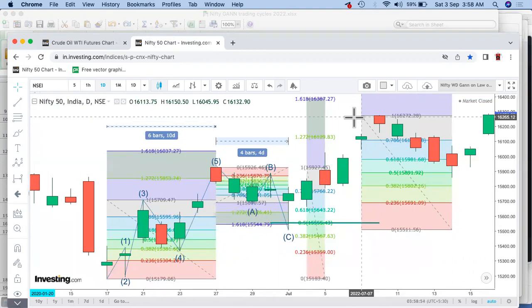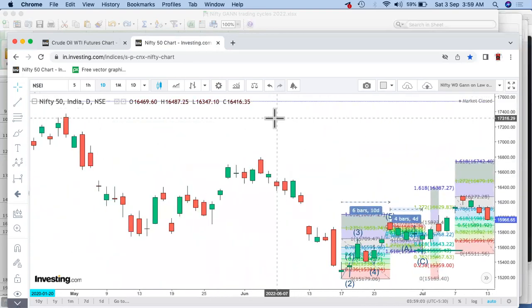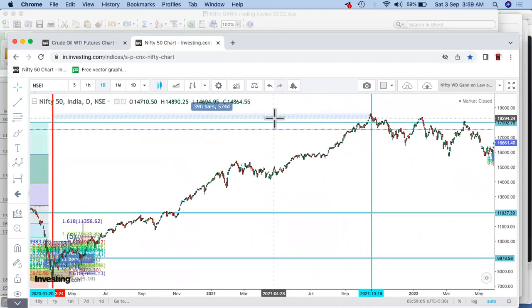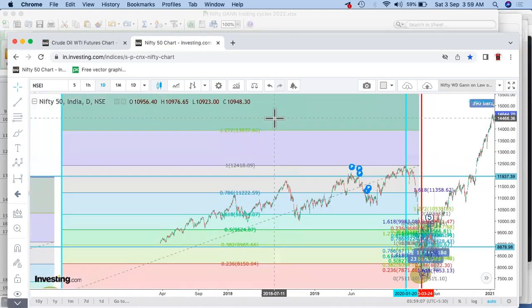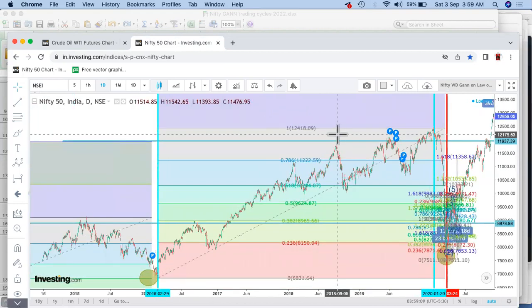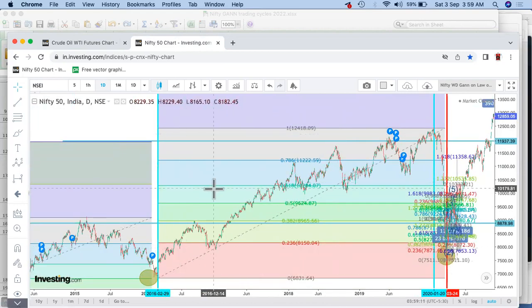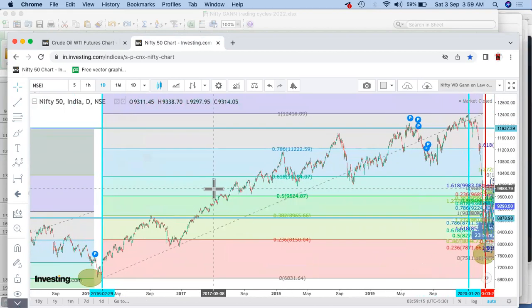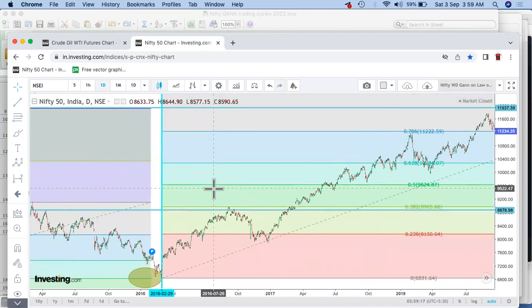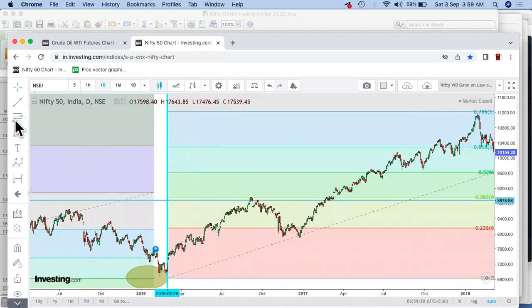We are not again 100% sure, but this is just a probability because we have taken some of the cycles which are there. So maybe, right? What we would also like to test is on the bigger cycles whether we are getting some kind of similar Fibonacci's for the entire swing, and how would we be able to measure that within our perceived levels or perceived time. So we'll probably draw a few more Fibonacci's.